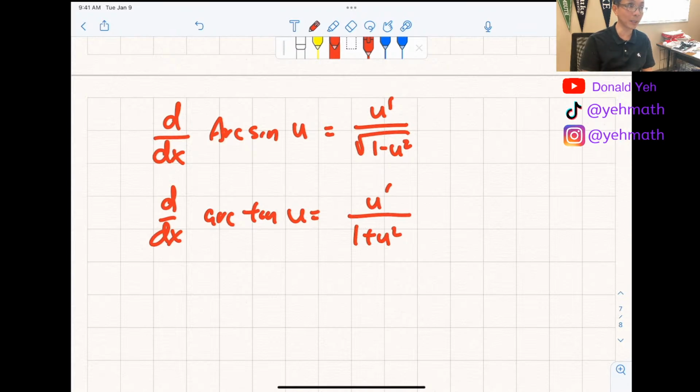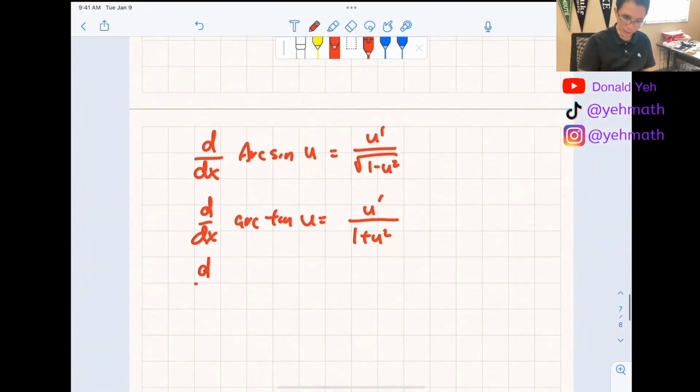So if I were to do a no-card, index card, I will do this too. I actually showed you how to prove it, but you don't need to know how to prove it. Just in case you forgot, you can always prove it. Arc secant of u is equal to u prime over absolute value of u times the square root of u squared minus 1.